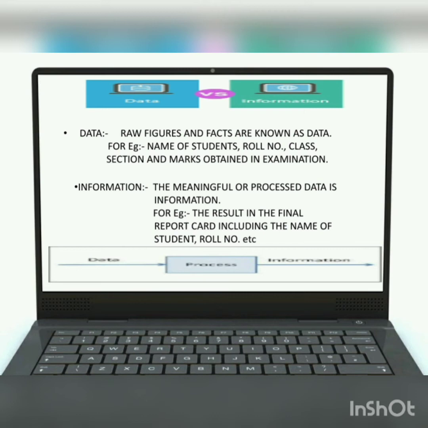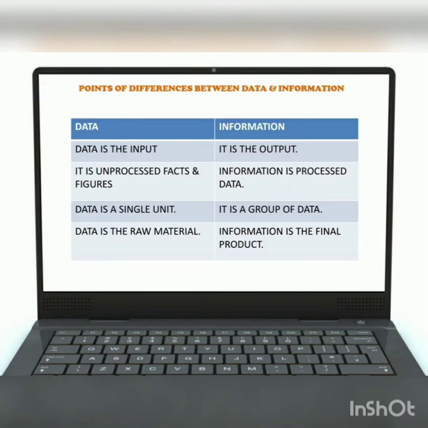Now kids, let's chalk out some points of difference between data and information. You can now see your screen. Data is the input and information is the output. Data is the unprocessed facts and figures, while information is processed data. Data is a single unit. On the other hand, information is a group of data.